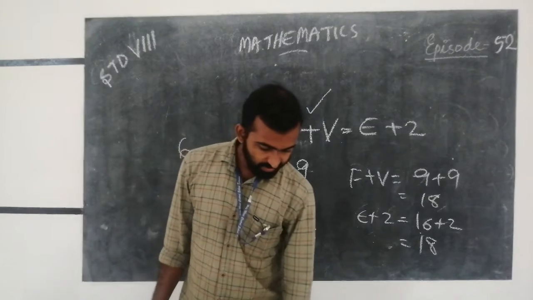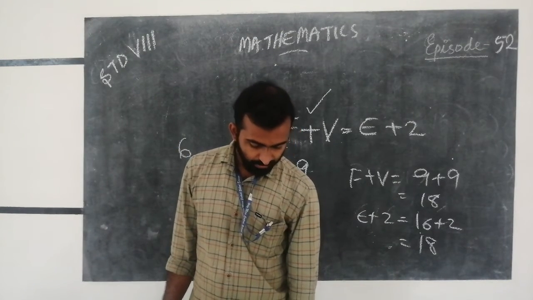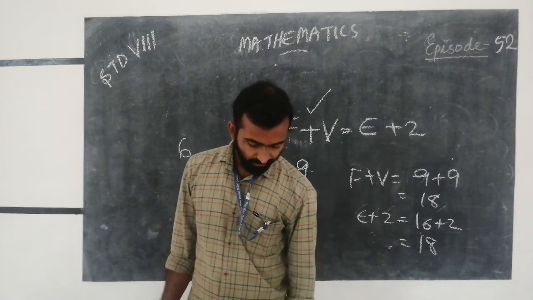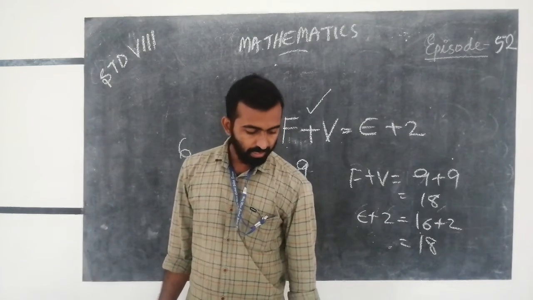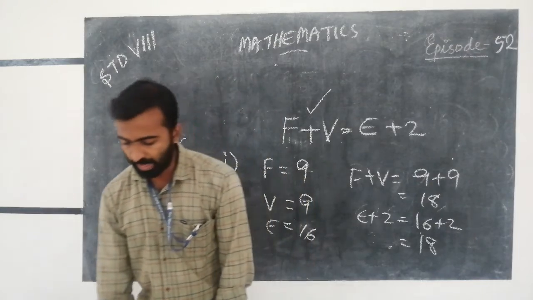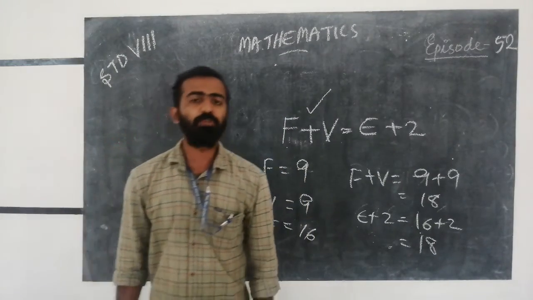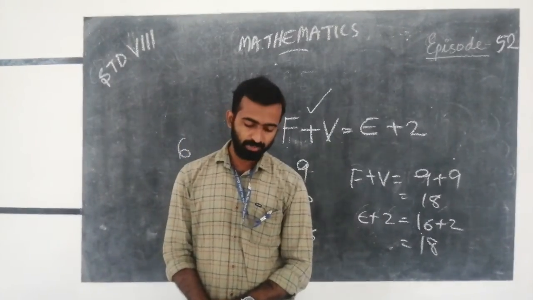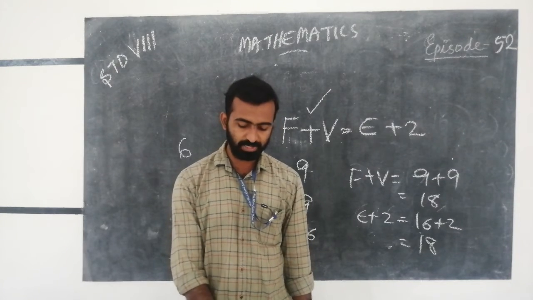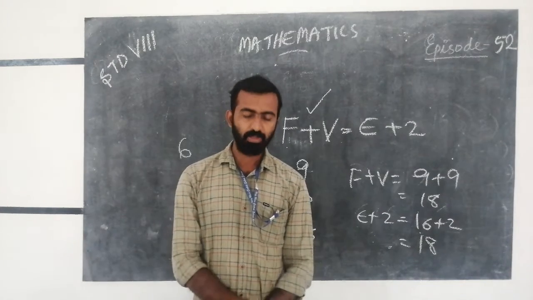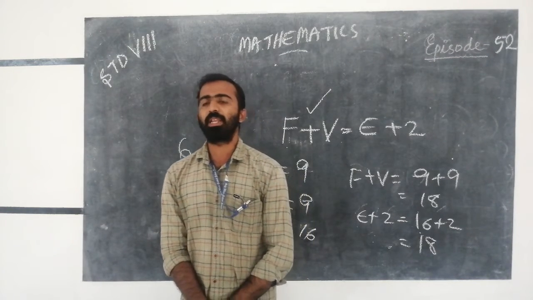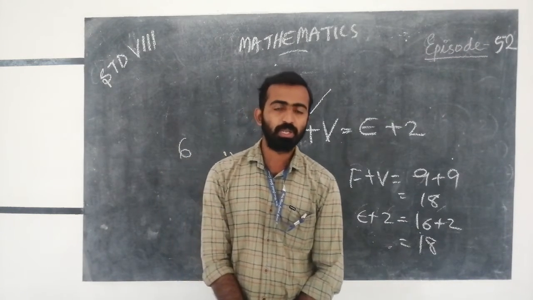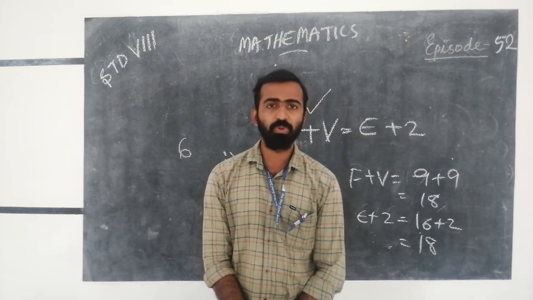And next, the seventh question is, using Euler's formula, find the unknown. That is for your homework. And the eighth question is also for your homework. And we finish our 10th chapter, visualizing solids, in which we first studied the views: side view, front view, top view.